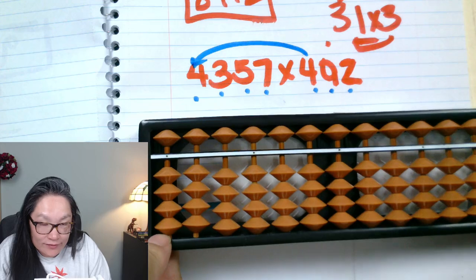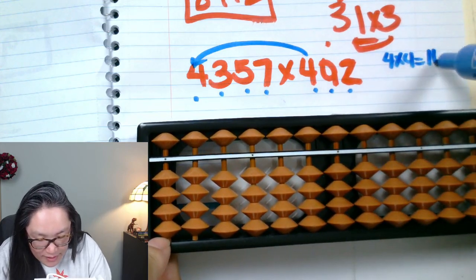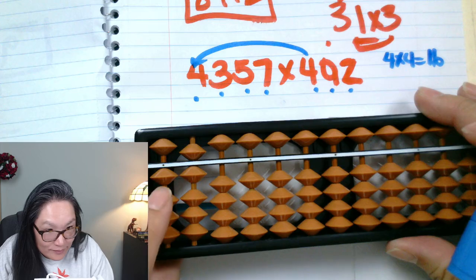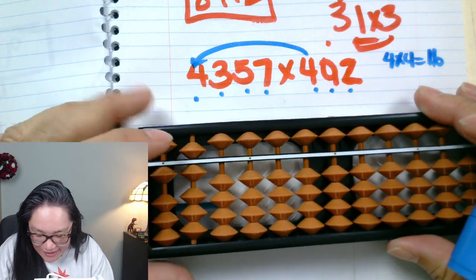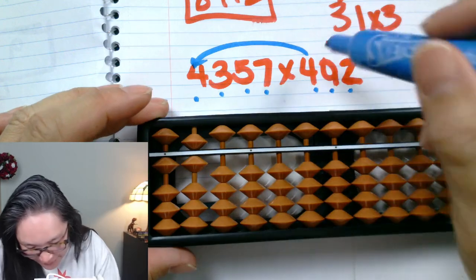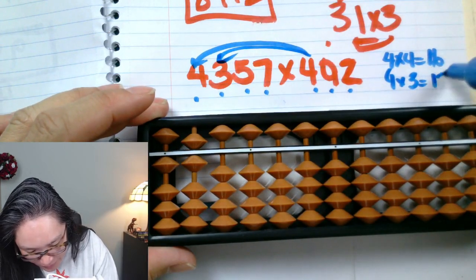That's the first thing. 4 times 4 is 16. I add my 1, I add my 6. Okay, mine too. All right, hopefully we're okay. 4 times 3 is 12.